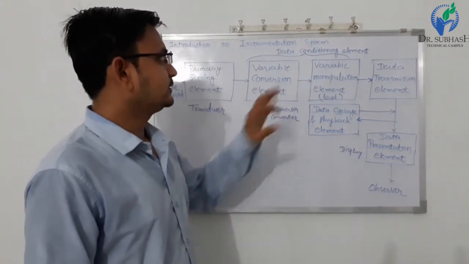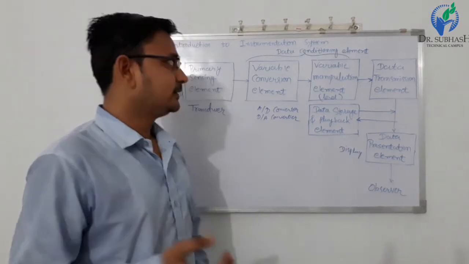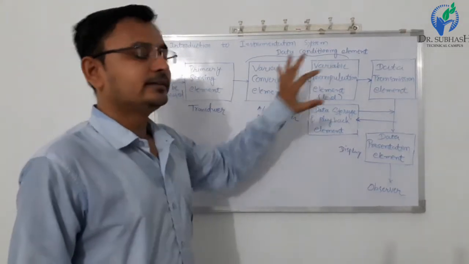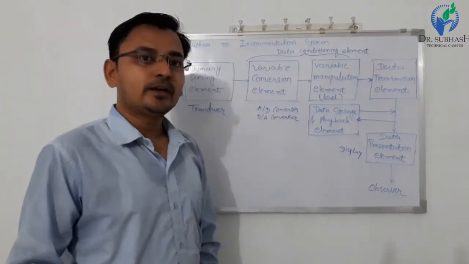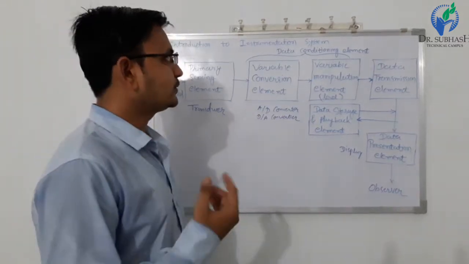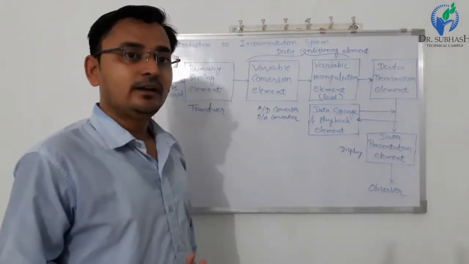Both the variable conversion element and the variable manipulation element are known as data conditioning elements, because in these blocks the data is conditioned. Some process is done on the data, so it is known as a data conditioning element.